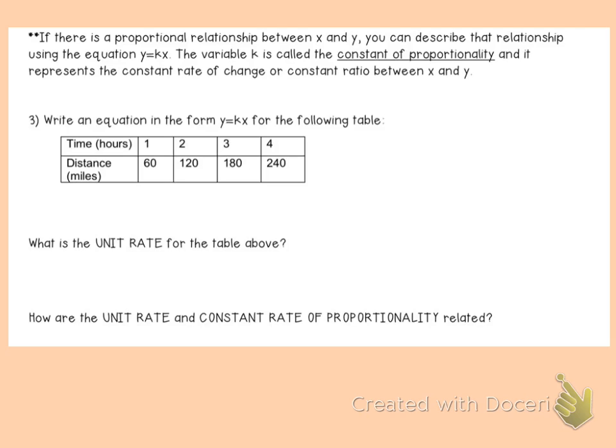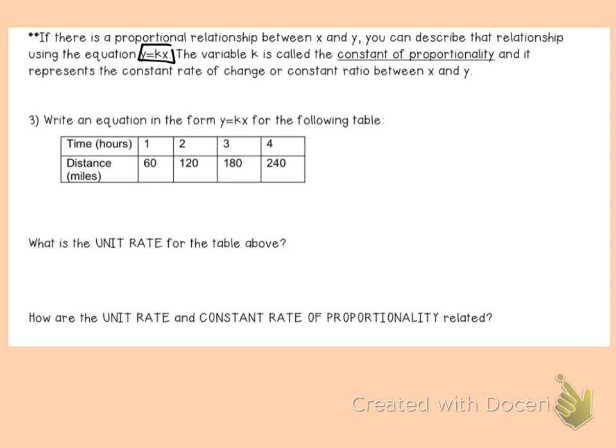So it says that we can represent it with this equation, y equals kx. K is called the constant of proportionality, and it represents the constant rate of change. So your constant rate of change would be your k equals y over x.